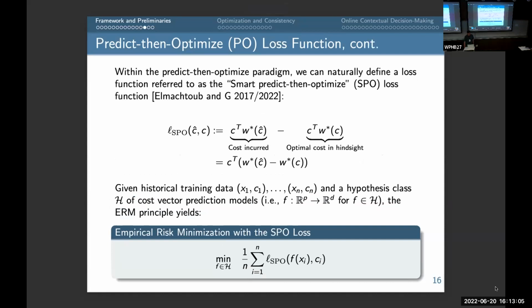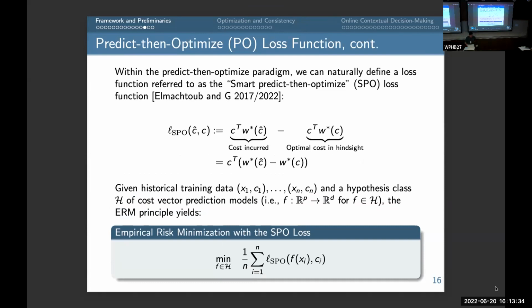So the SPO loss is exactly the cost that you incur due to having a prediction C hat, which might lead to a suboptimal solution, minus the optimal cost in hindsight if you had perfect knowledge of what the correct cost vector C should be. Think of it as the travel time that you actually incurred along the network when you went about your route, minus the travel time if you had known ahead of time what the optimal route would have been.